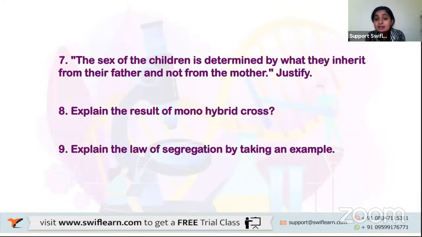The sex of the child is determined. A few more questions here will help us revise a few important topics that we have covered during the session. The sex of the child is determined by what they inherit from their father and not from their mother. You remember what exactly this is and how it works?